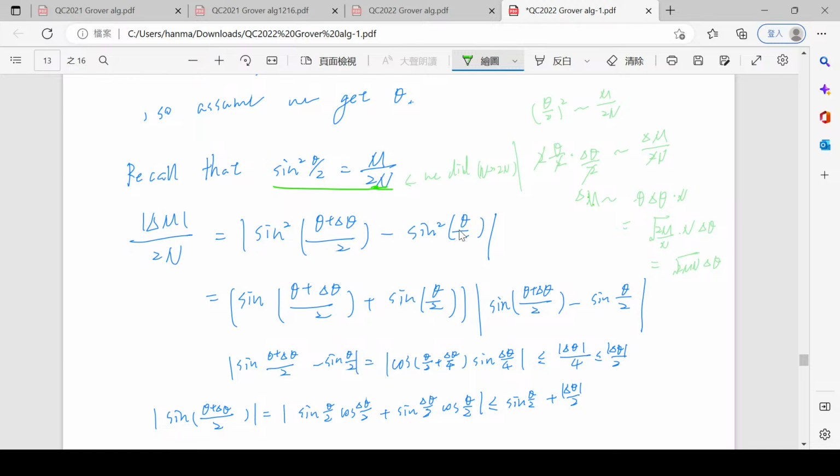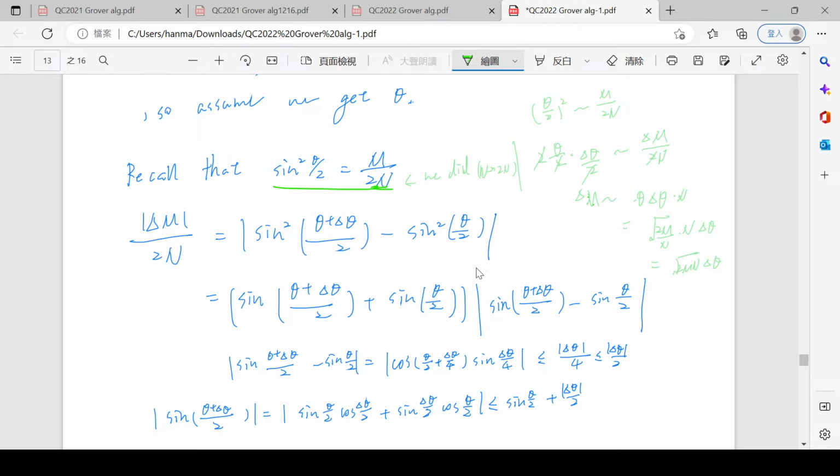Everybody agree? Because that's how we estimate m. So delta m is whatever this side with delta theta minus this side with no delta theta.